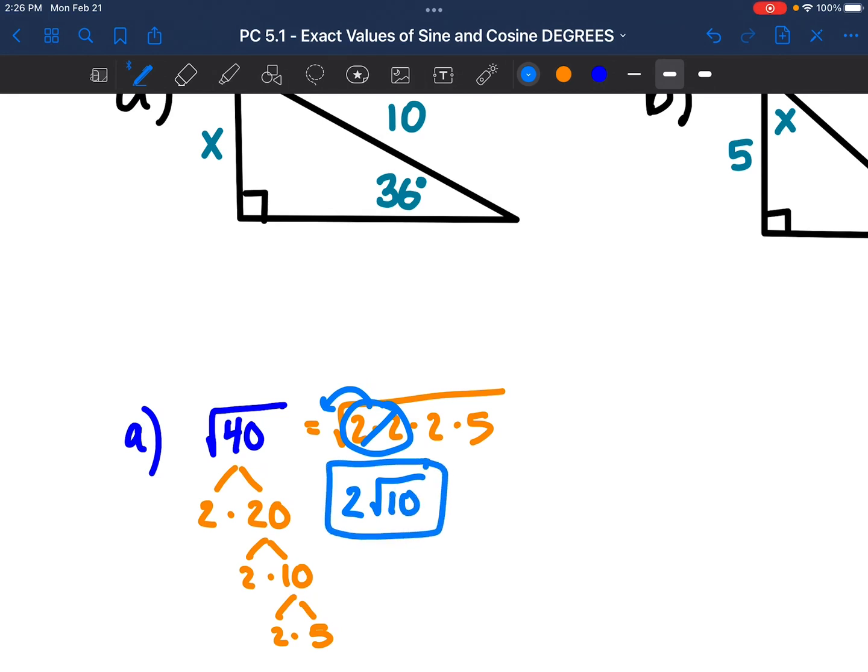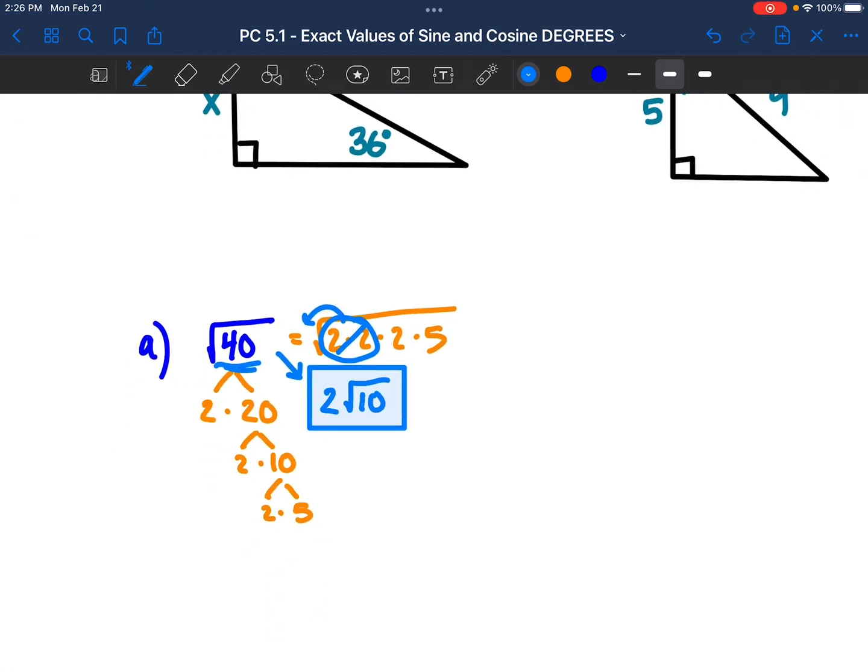So notice if you plug this into your calculator, as well as square root of 40, they should be equivalent decimals. Now, that's the longer way to do it, the prime factorization way, but some people really like to go about it that way. Now that you're in pre-cal, we're always looking for shortcuts, doing things a little faster. So I always ask my students, you're looking for the largest perfect square factor that divides evenly into 40.